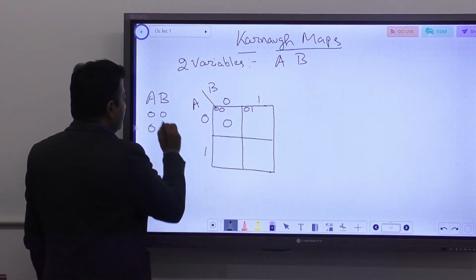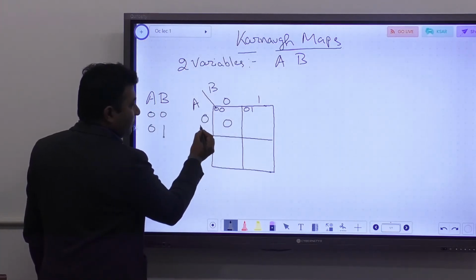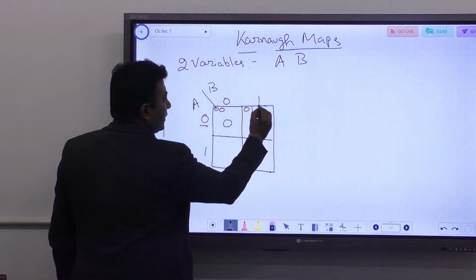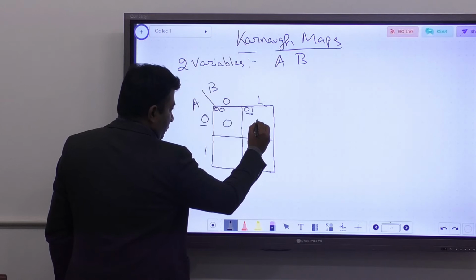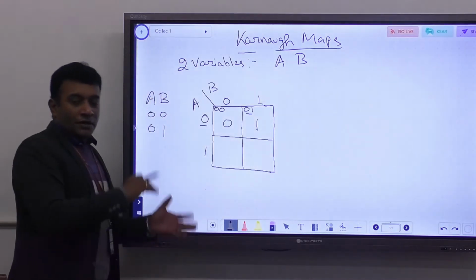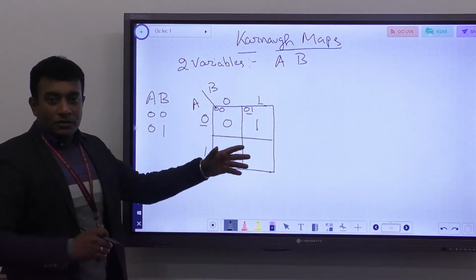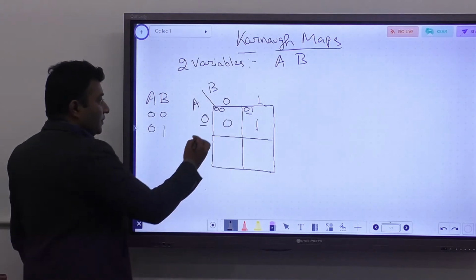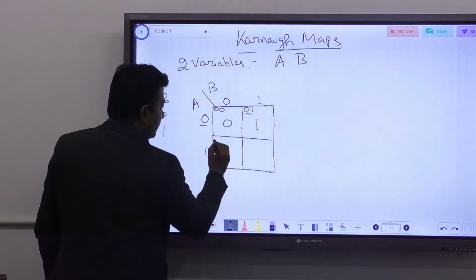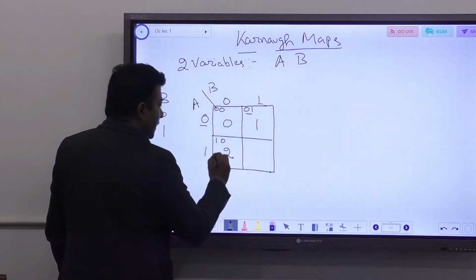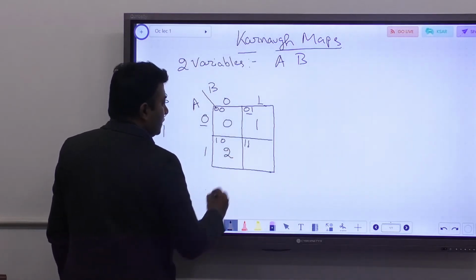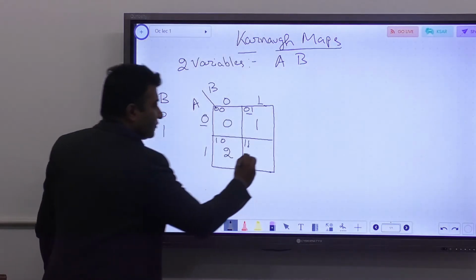Then 0, 1, because A holds a value of 0 and B holds the value of 1, so that's why we write 0, 1. Here we write 1 because converted into decimal, 0, 1 in binary is 1. Similarly, this one is 1, 0. When we convert it into decimal, this becomes 2, and this would be 1, 1. When we convert it into decimal, this would be 3.